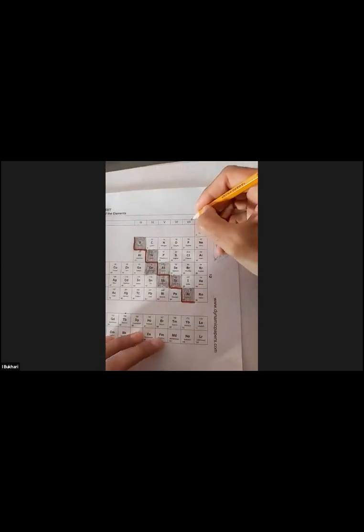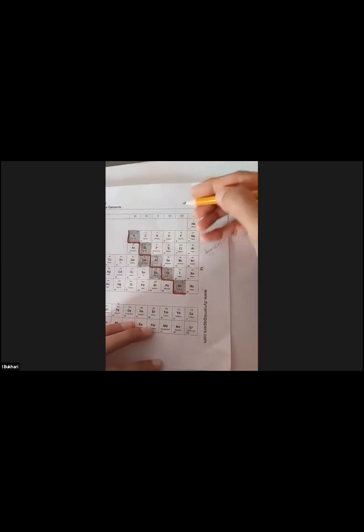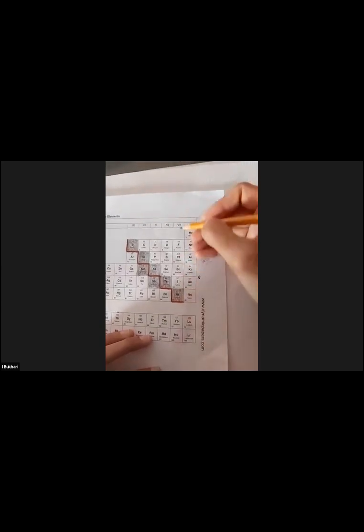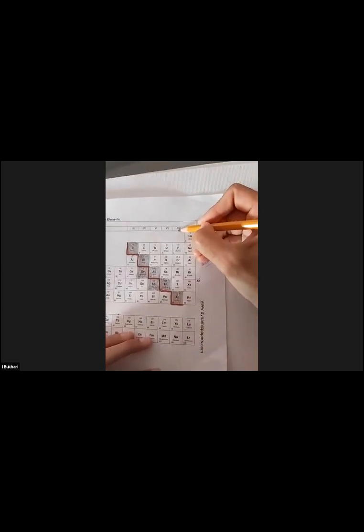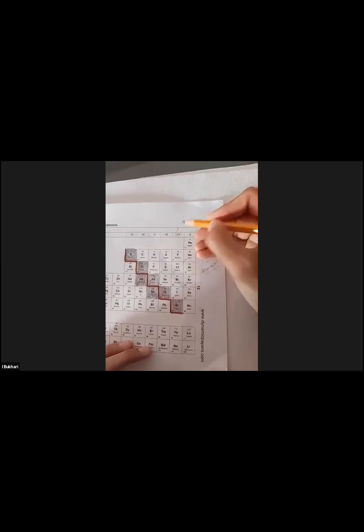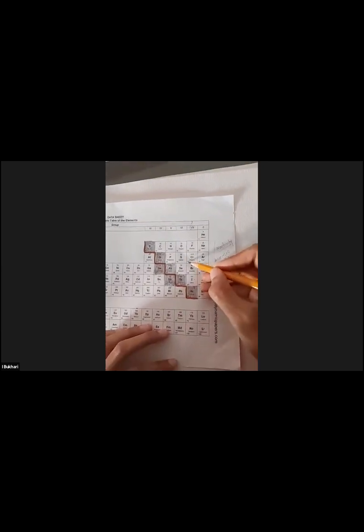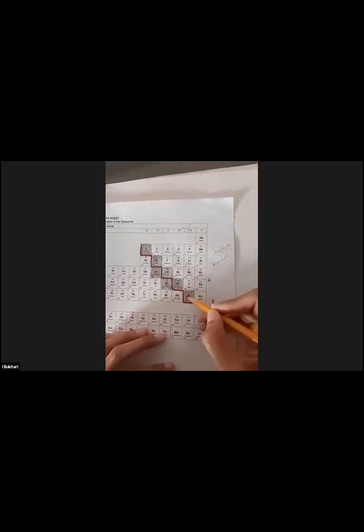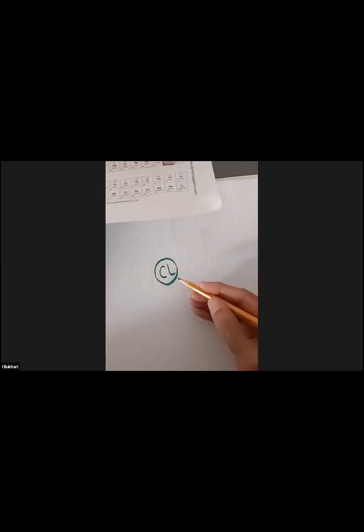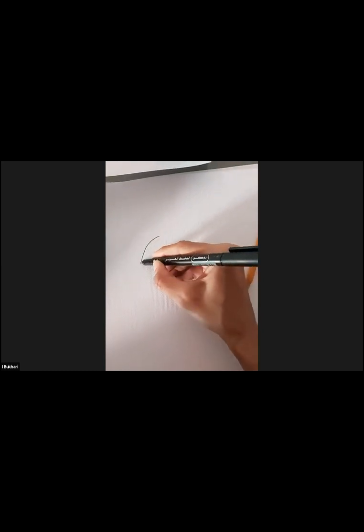So you know that the group number is the same as the number of electrons in its outermost shell. So if this is group 7, that means there must be 7 electrons in the outermost shell of all of these atoms, right? So I'm not drawing the whole atom, I'm just drawing the outermost shell.